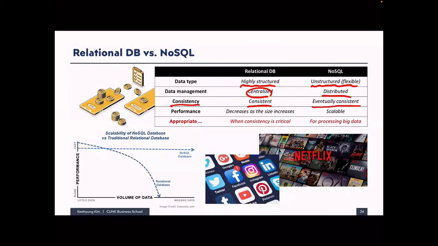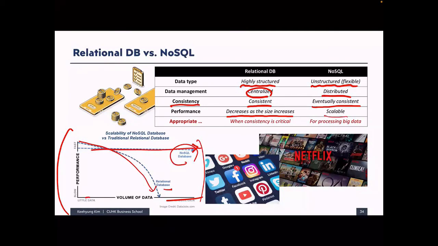And for performance, as we talked about earlier, the relational database's performance will decrease as the size increases. So here is the graph. It shows that as the volume of data increases, relational database performance decreases. For NoSQL, it will still be the same because it's scalable.